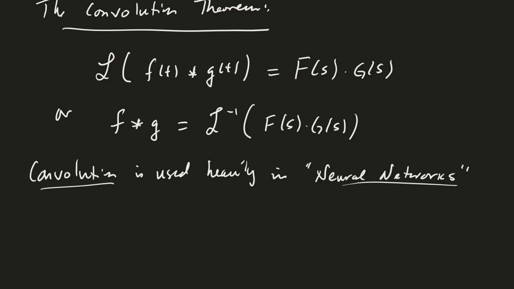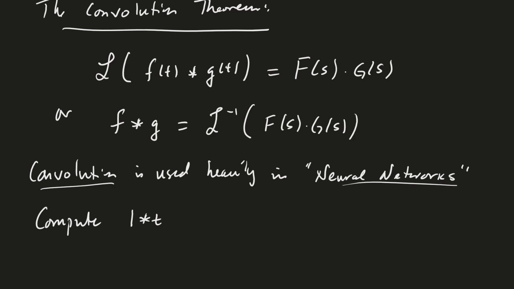Okay, so let's do a couple of computations real quick just to see how to compute the convolution. So for example, how would I compute, let's say, the convolution of the function 1 with the function t.